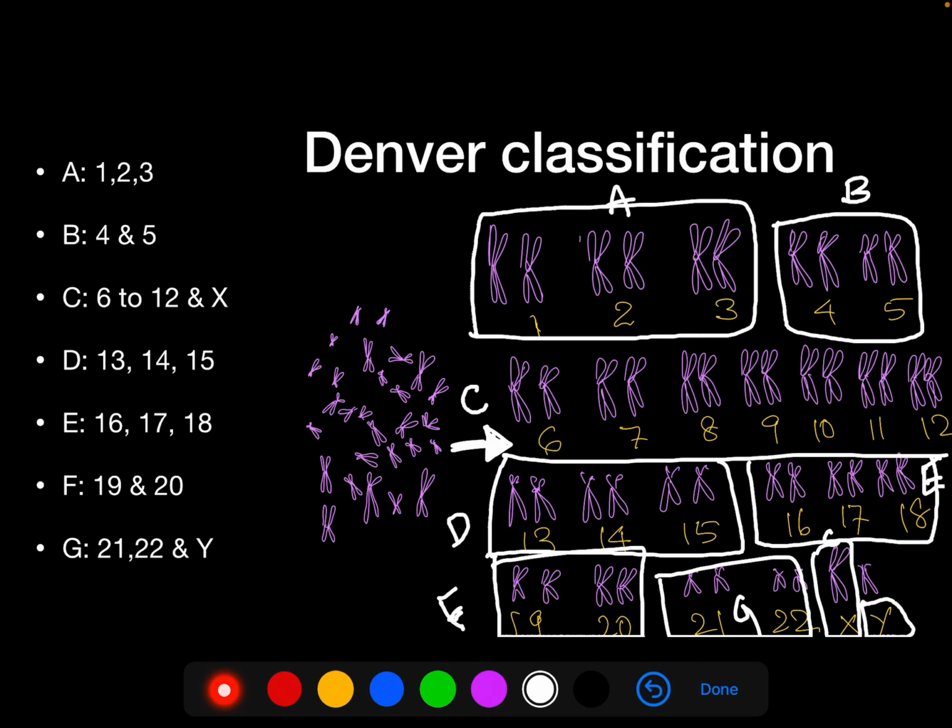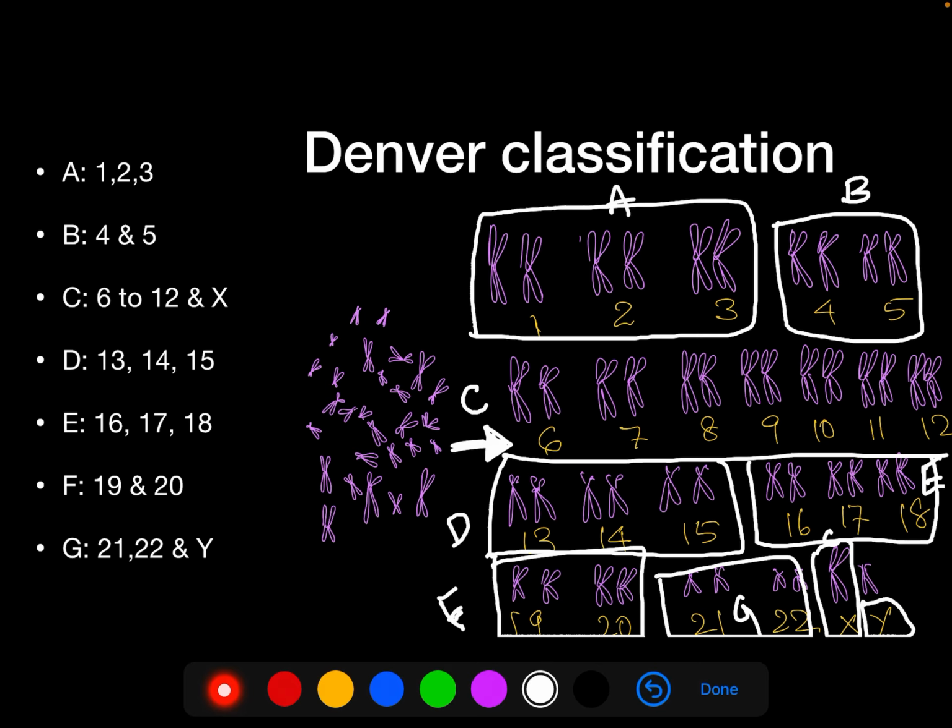So we have discussed the structure of the chromosome: the primary constriction, the centromere, the P and Q arms, and the sister chromatids. Then the classification, which can be done in 3 ways. One is based on the type of genes and their function, into autosomes and sex chromosomes.